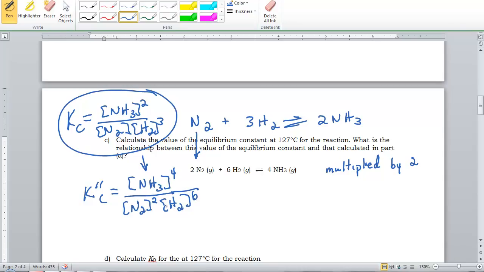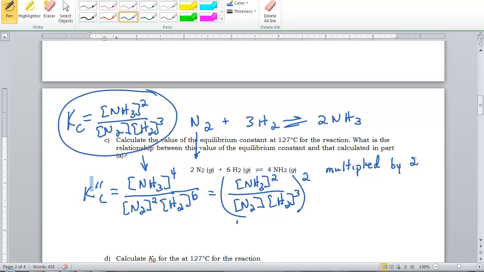So what you should see is that this expression is the original, assuming I can get my pen to work. So I'm going to rewrite the original, squared.